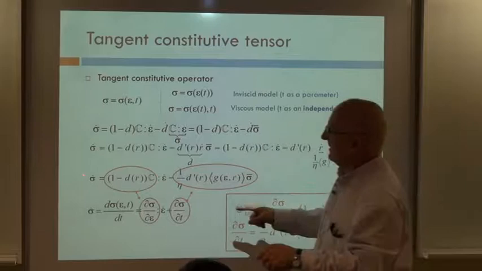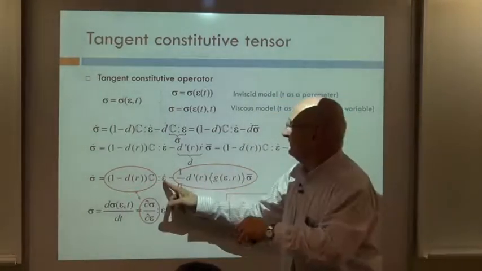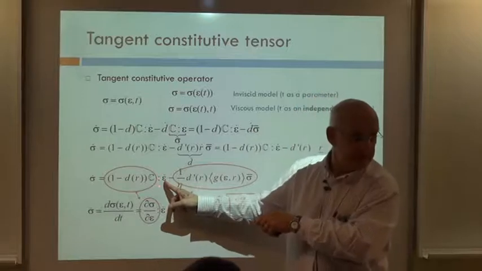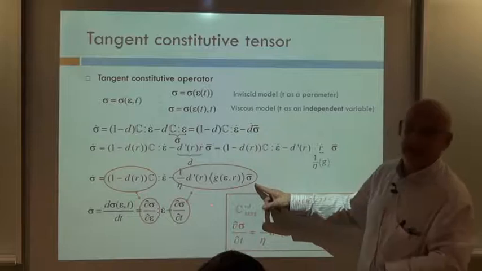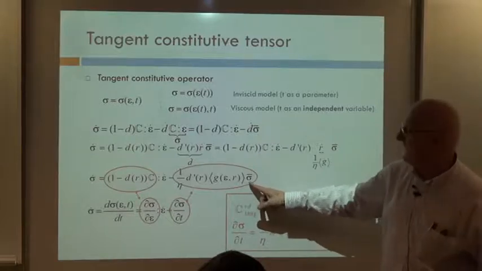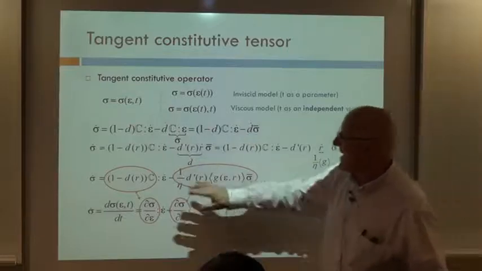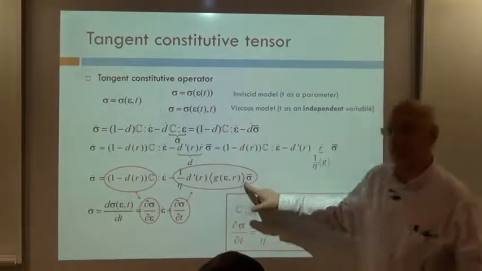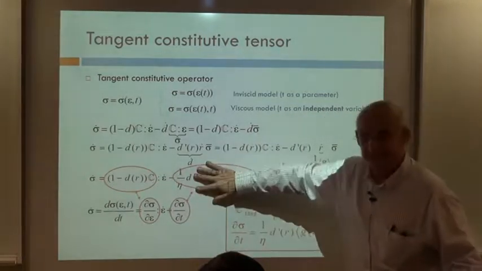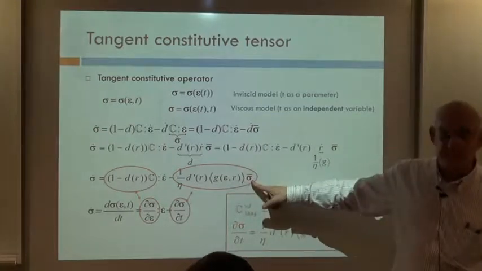So finally, the evolution of the stresses has one term that depends on epsilon dot, and one term that doesn't depend on any dot. There's no time dependency here. Okay? That is what makes that when I freeze epsilon, when epsilon dot is 0, there is an evolution of the stresses. This term is not dependent on epsilon dot, unlike in an inviscid case.